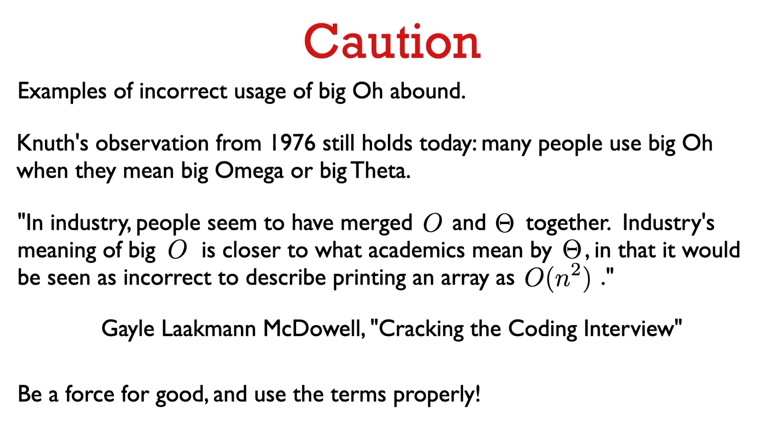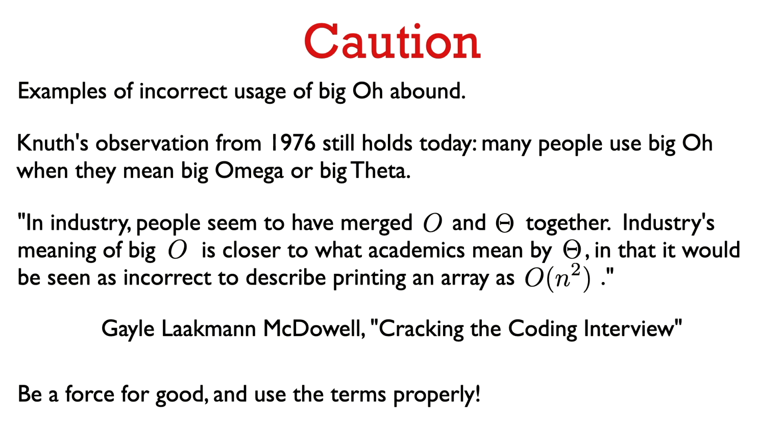Unfortunately, when you read other sources, you should be skeptical because many people use these terms incorrectly. The exact same observation of Knuth from 1976, when he first wrote his paper introducing the big omega notation, is still very prevalent today. People use big O when they actually mean big omega or big theta. This has always frustrated me, and I find that this misuse is actually acknowledged and ensconced in the industry use of these terms.